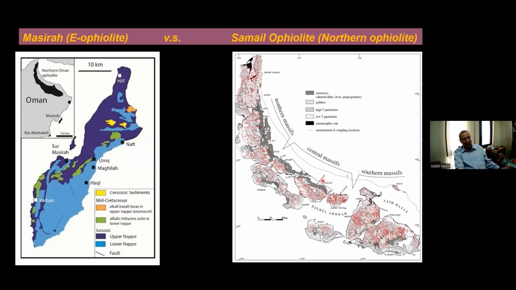Now the Samail Ophiolite is segregated into 13 blocks, so it is segmented. These blocks are known as the northern massif block, central massif block, and the southern massif block.